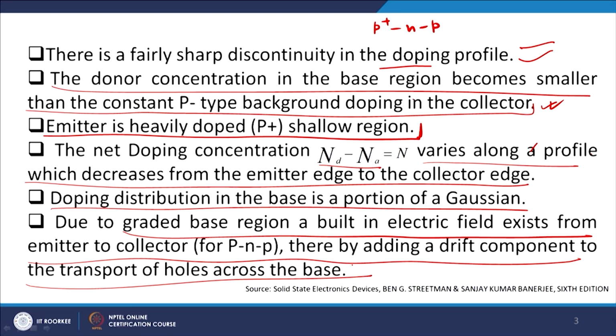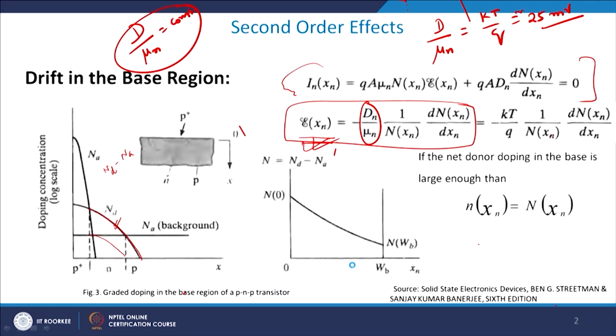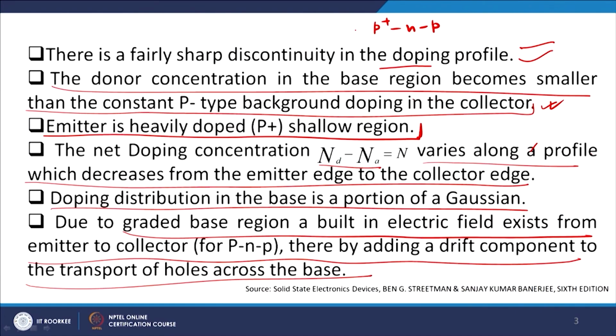So, you see what I was talking about in the previous case: because of the graded base region, there is an electric field from emitter to collector, right, for a PNP.